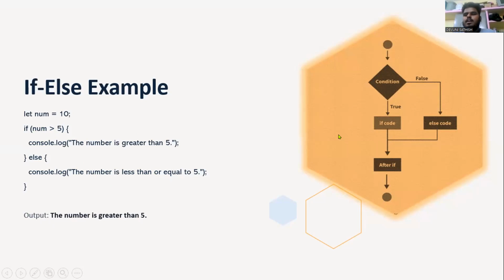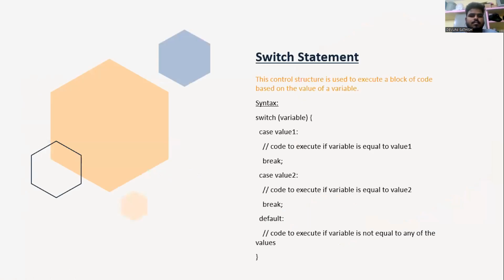So here is the flow diagram where the condition gets implemented. If the condition is true, then the if block will be executed directly. If not, it executes the else block. So this is the if and if else example. Coming to the switch statement, this control structure is used to execute a block of code based on the value of a variable.